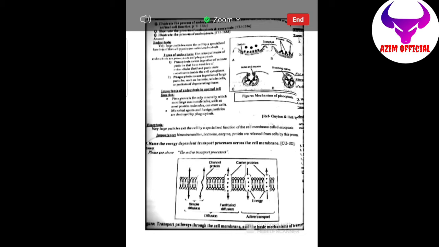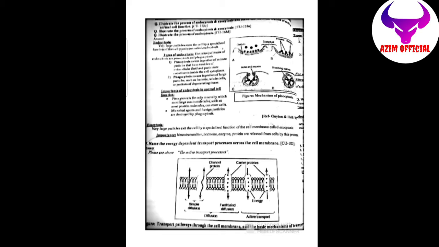For Viva, you may be asked this as another question. In case of a short note, you may get pinocytosis. Pinocytosis is the cell drinking, ingestion of a substance not visible under microscope. Mechanism: the substance, like protein, attaches to the brush border of the luminal membrane.